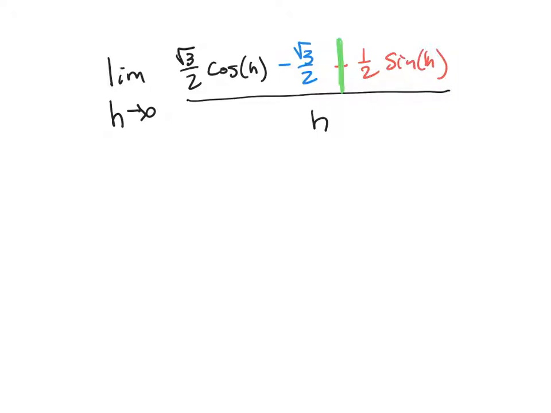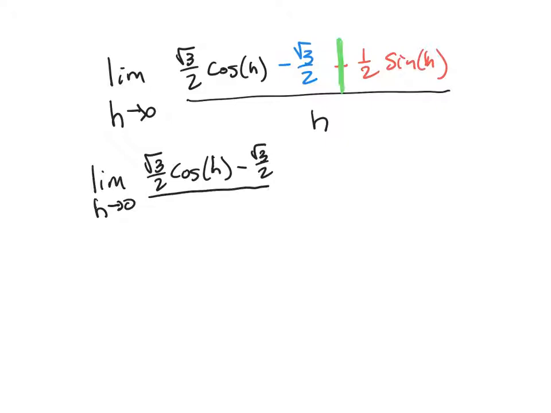So we will now have the limit as h approaches 0 of the square root of 3 over 2 times cosine h, minus the square root of 3 over 2, all over h. Then I'm going to split at the plus sign, and I'll make a separate limit here. Limit as h approaches 0 of 1/2 sine of h all over h.